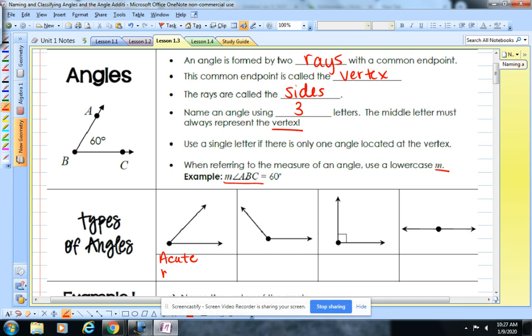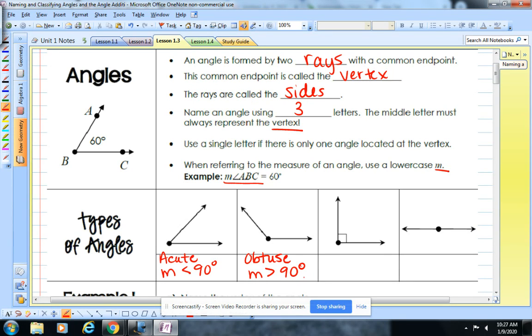And that's when the measure is less than 90 degrees. It's smaller than a right angle. When the measure of the angle is less than 90 degrees. So what kind of angle is the second one? It's obtuse. What about the measure of an obtuse angle? It's greater than 90 degrees. It's more than a right angle.